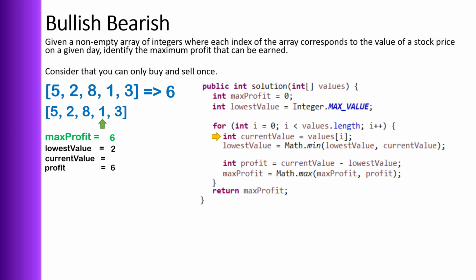Current value would be 1, the lowest value would now be 1, and then int profit is equal to 0, and then max profit would still be 6. Now on to the last value of the array, so it's 3, lowest value would still be equal to 1, profit is 2, max profit is still 6. Now we return that value.